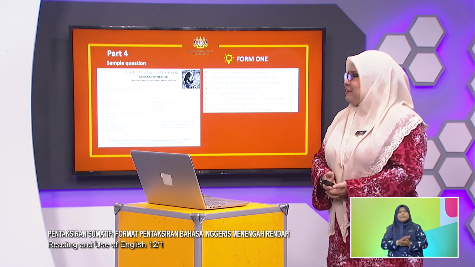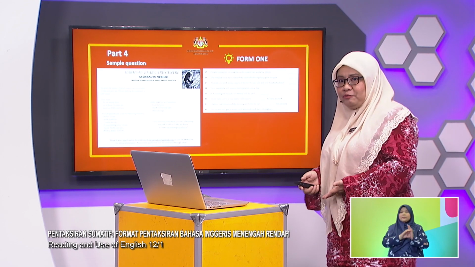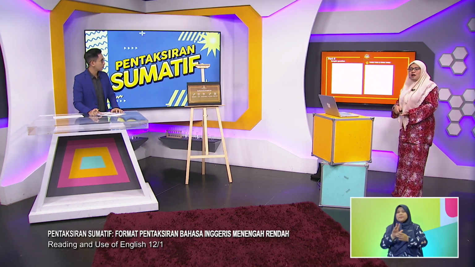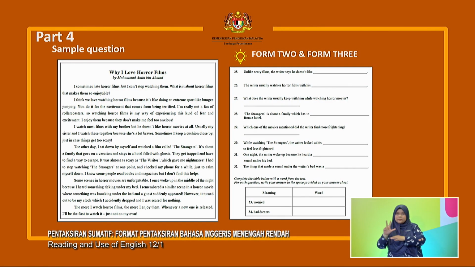All right. So moving on to the sample item for Form 2 and Form 3, can we? Sure. For Form 2 and Form 3, they are going to read a linear text, and they are going to answer short answer questions and also vocabulary questions.